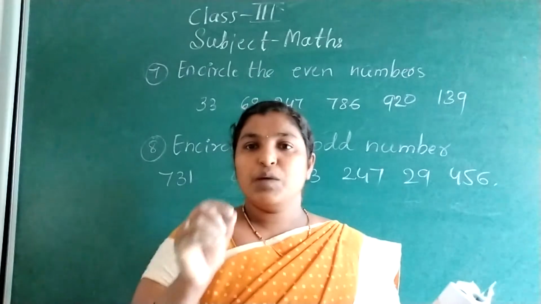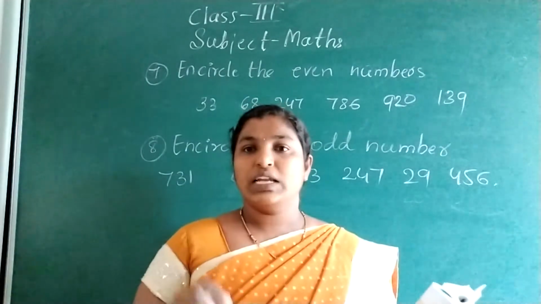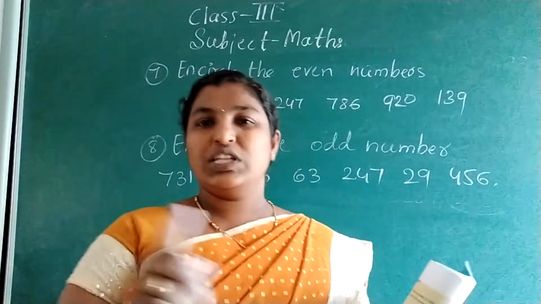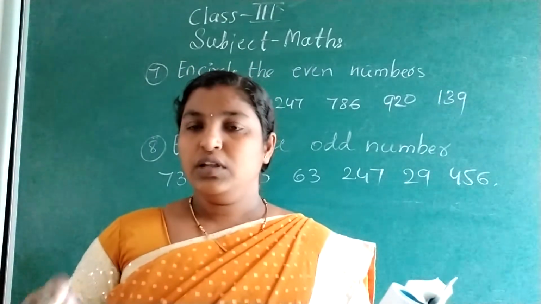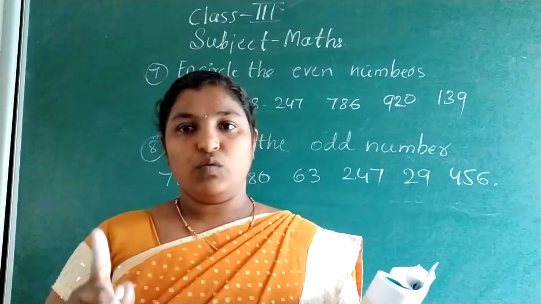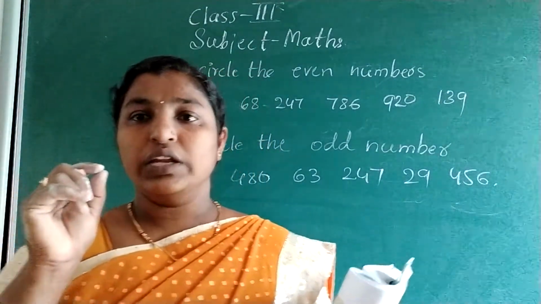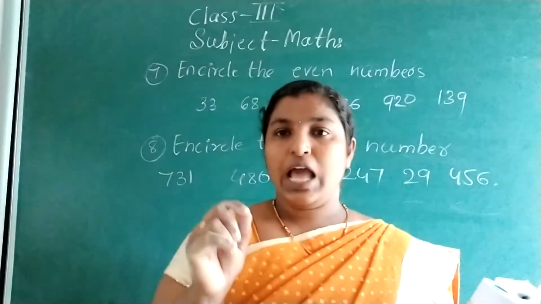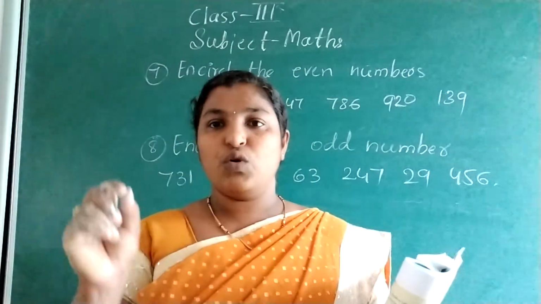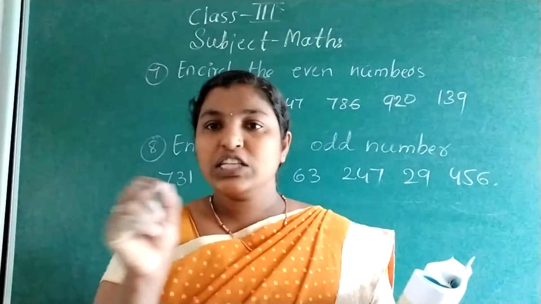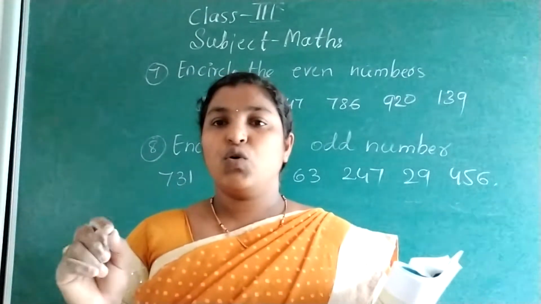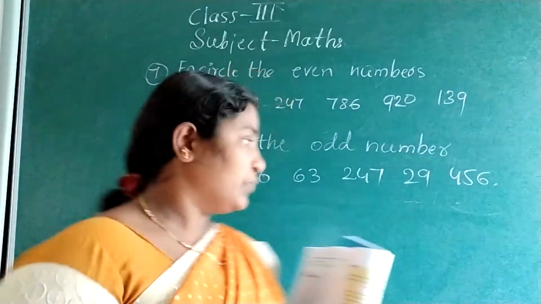If the number is a product of 2, that is also an even number. So don't remember all these things. The only important thing is that the numbers having 0, 2, 4, 6, 8 in the ones place are known as even numbers.